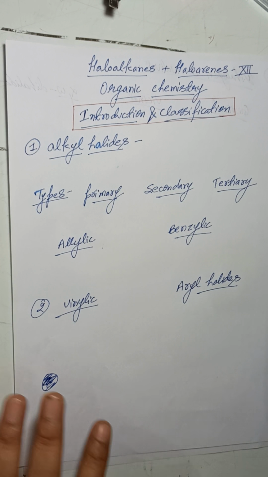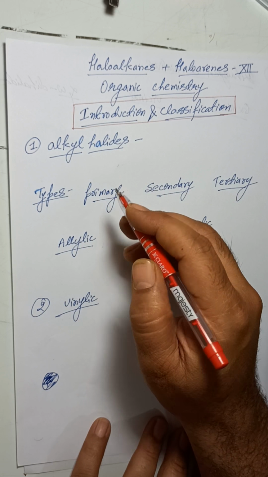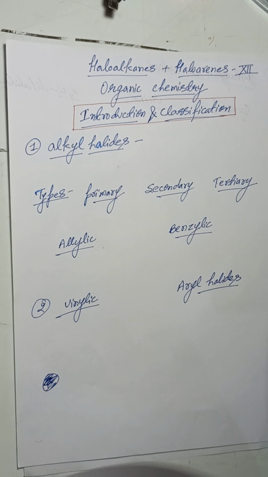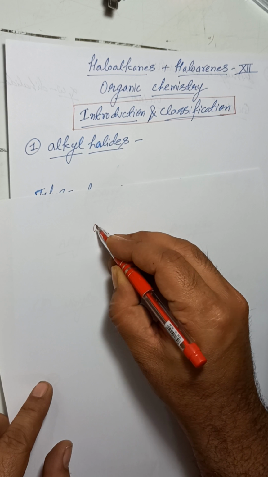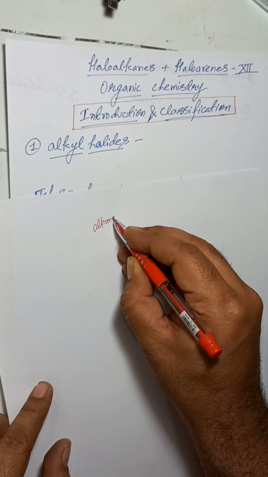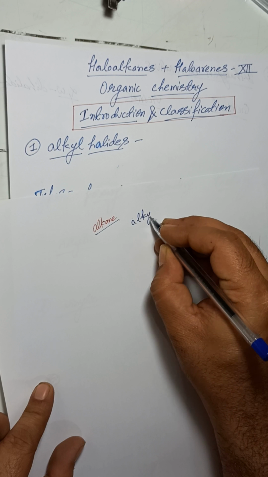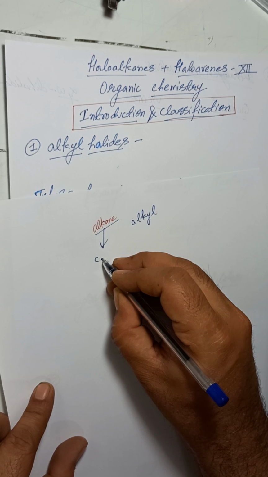We are going to explore what is the meaning of alkyl halide. Alkyl halide, simply as the name suggests, there is alkyl. When there is an alkane, and if you remove one hydrogen from alkane, you get alkyl. Let's take an example of alkane like C2H6.